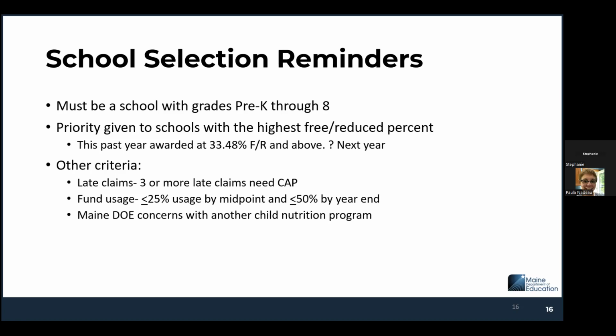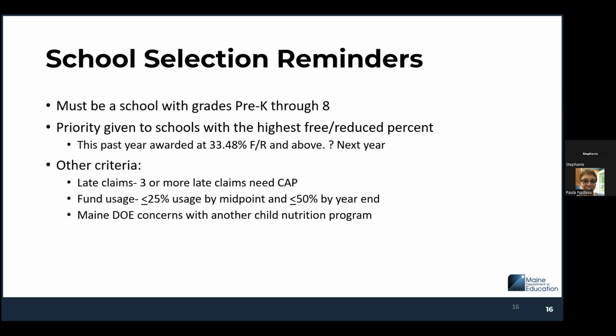And based on federal requirements, priority is given to schools with the highest free and reduced percent. To give you an idea, this past year we awarded at 33.48% and above. And I'm not sure what this is going to look like next year, because it really depends on the schools that apply and the funding that we receive.